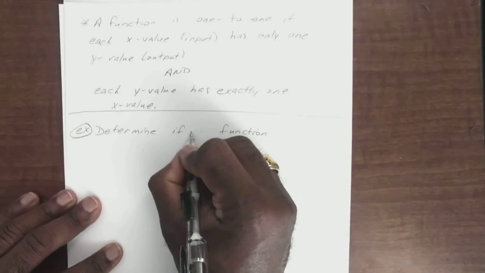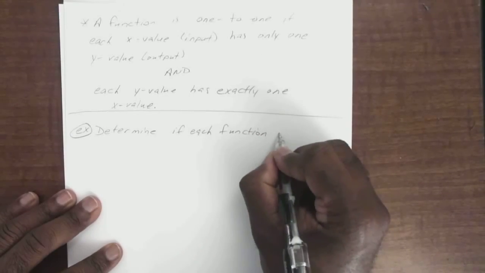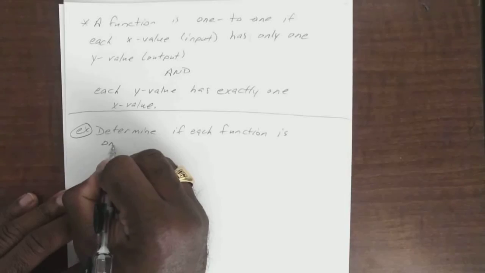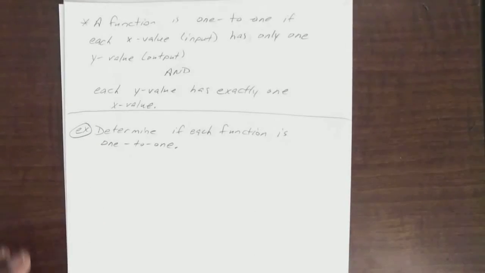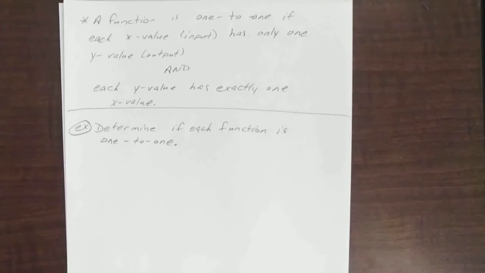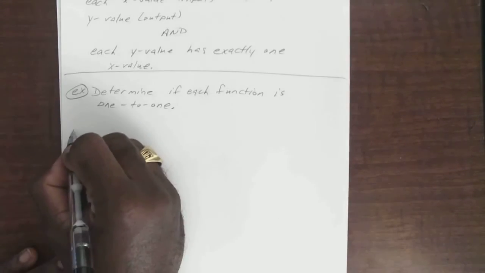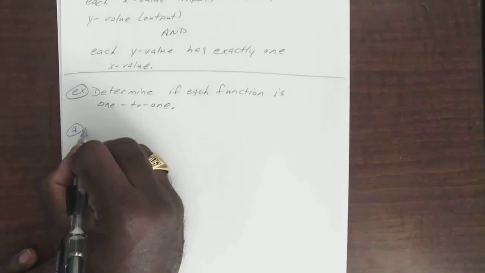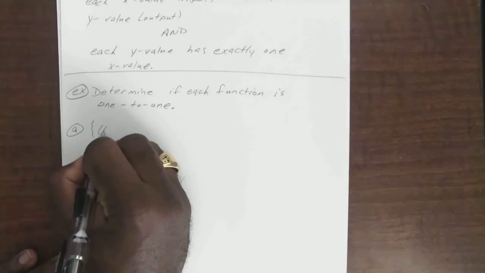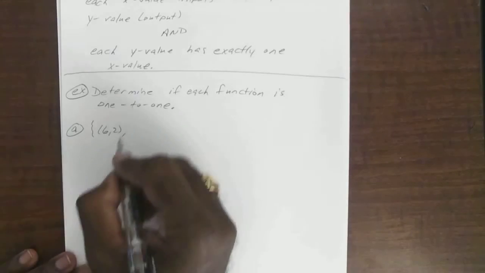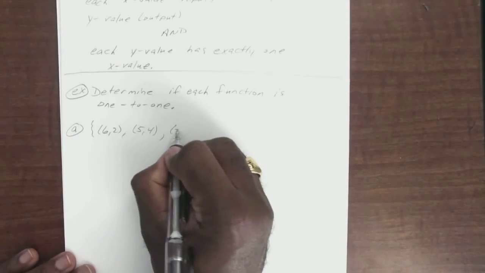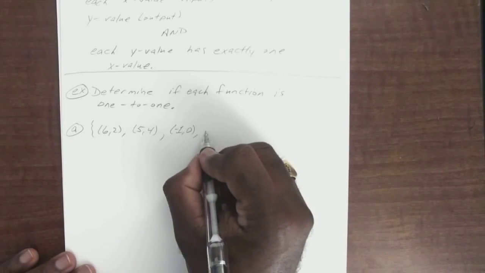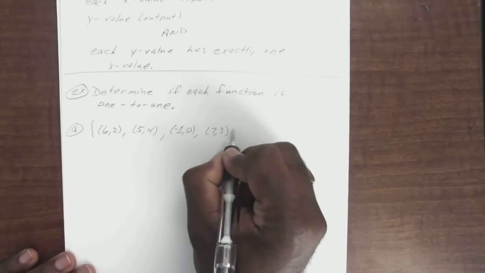All right, so let's say for problem A, you have the points (0.62), (0.54), (-1, 0), and (0.73).